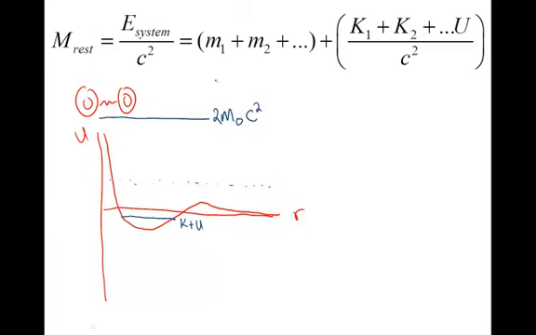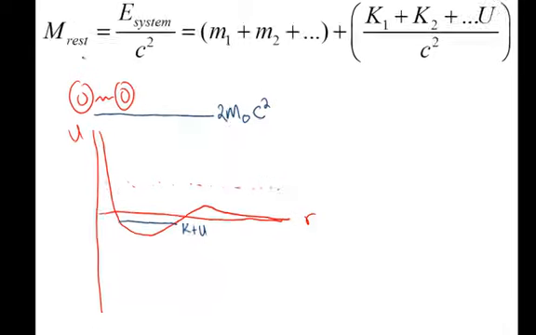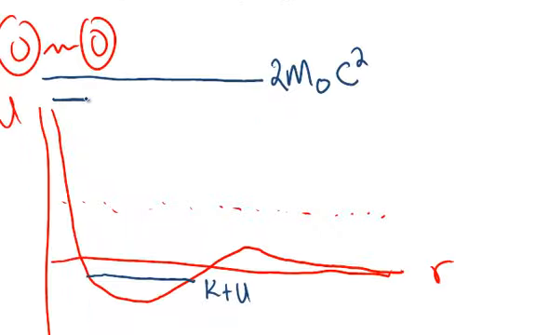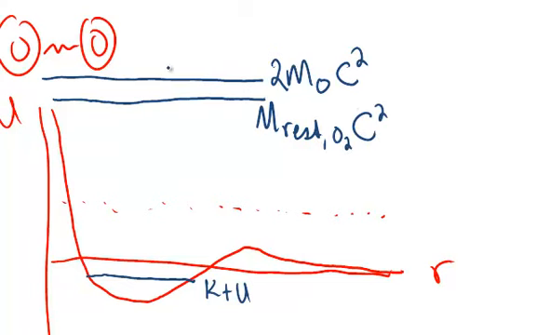So right here, if we look at the rest mass times c squared for the O2, we're going to see that it's slightly less. So this is m rest O2 times c squared. Now there's clearly an energy gap between these. This energy was carried off somehow during the reaction.